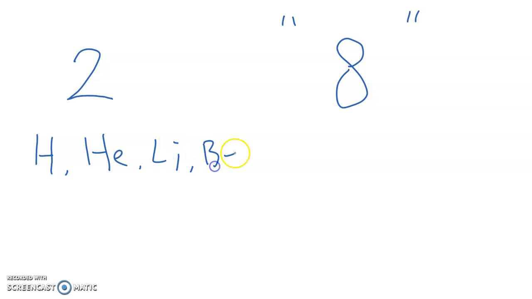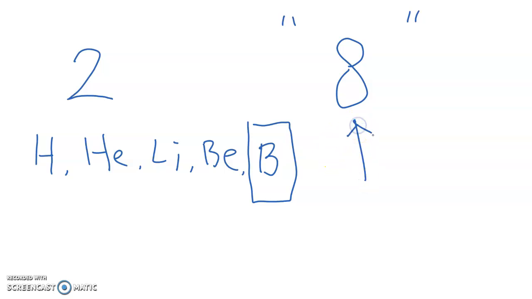Number 2 is good for hydrogen, helium, lithium, beryllium, and probably also boron. Okay, boron is a combination. Boron can also be 2 and 8. And for the rest of the elements in the periodic table, number 8 is the magical number.